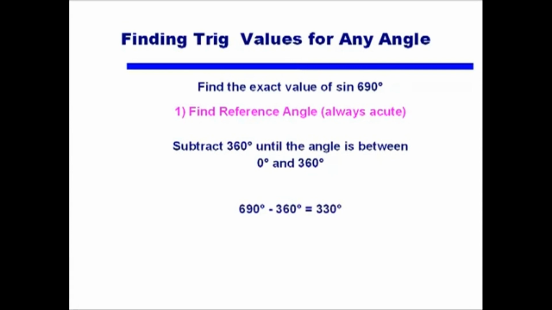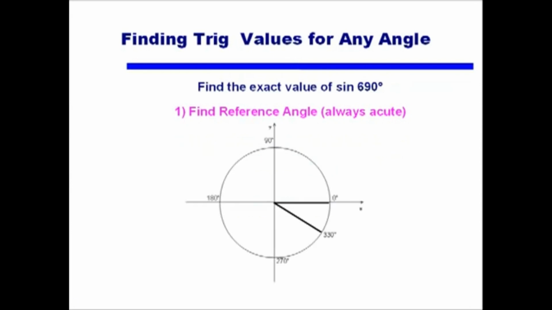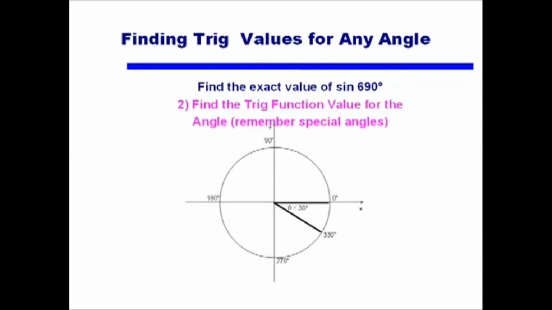And when we take away one rotation, we get an angle of 330 degrees. Now we'll graph that on our XY axes, and we'll find our reference angle is equal to 30 degrees. Again, another one of those special angles that we need to memorize. So we need to find the sine of 30 degrees, and we remember that is equal to 1 over 2, or 1/2.